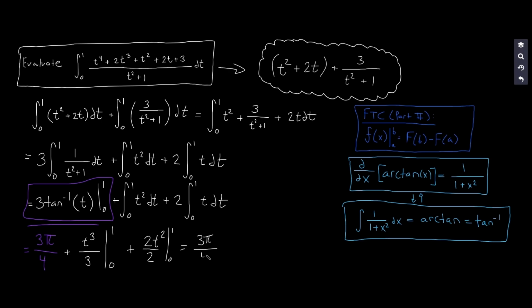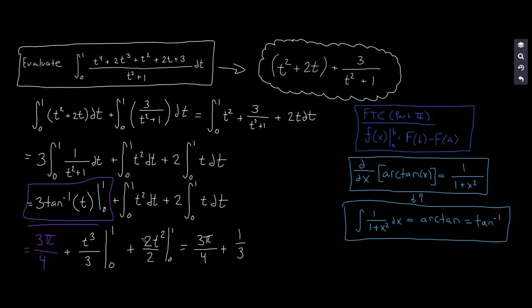3 pi over 4 has already been worked through. And now we'll evaluate t raised to the third power over 3 at its bounds. And we can do that in our head because it's just going to be 1 raised to the third power over 3 minus 0 raised to the third power over 3, and that's going to equal 1/3. And we can evaluate 2 times t squared over 2 at the bounds from 0 to 1.